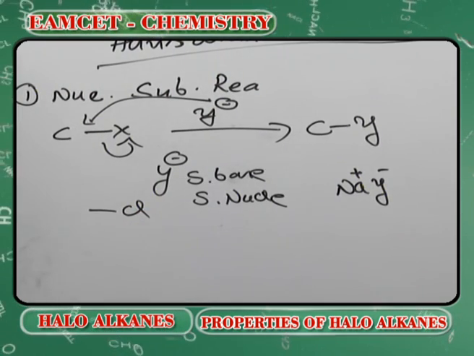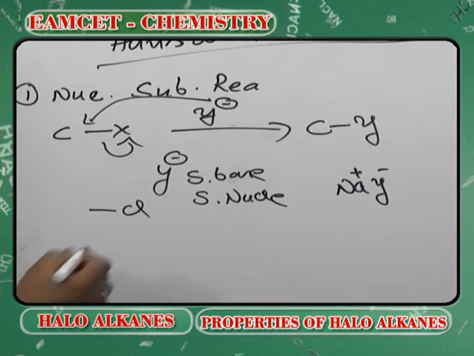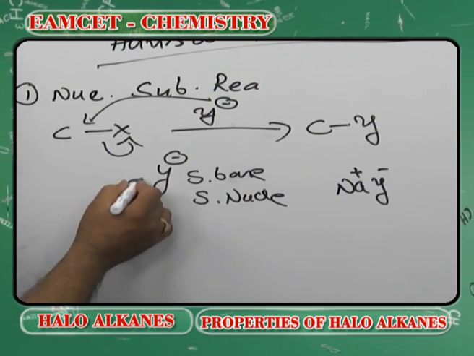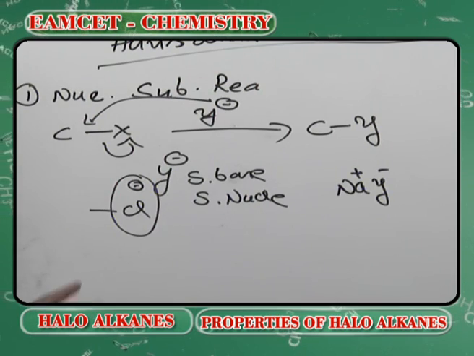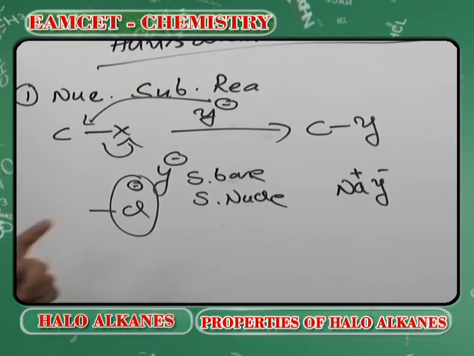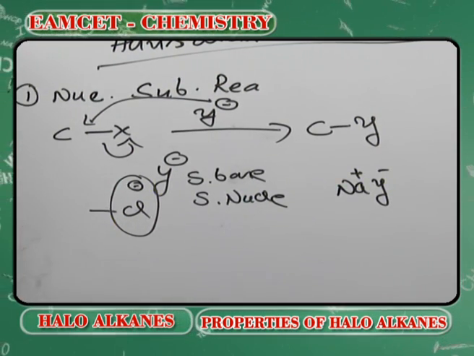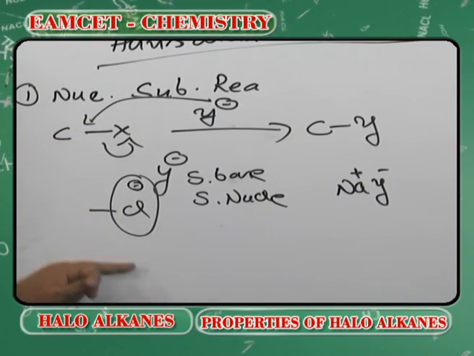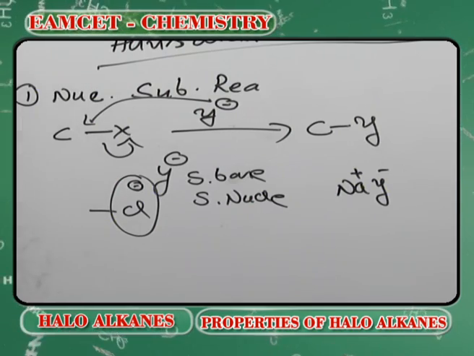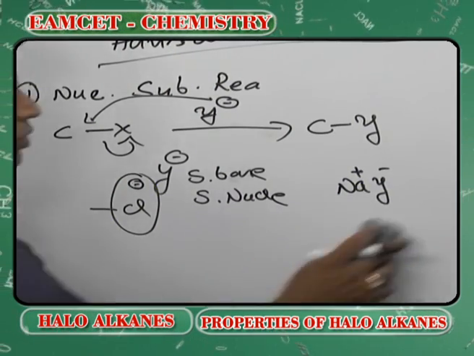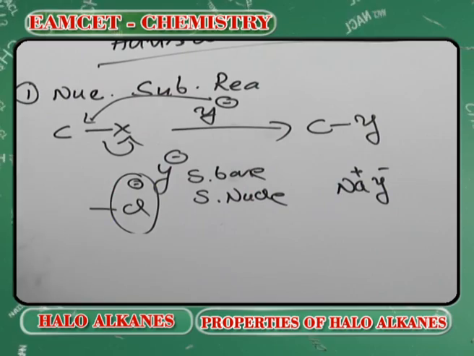Cl minus is an anion obtained from a strong acid. So if we apply conjugate acid-base theory, HCl is a strong acid whose conjugate base is a weak base. Therefore, Cl minus can be replaced by a variety of nucleophiles, and we are going to see a few reactions of such a variety.